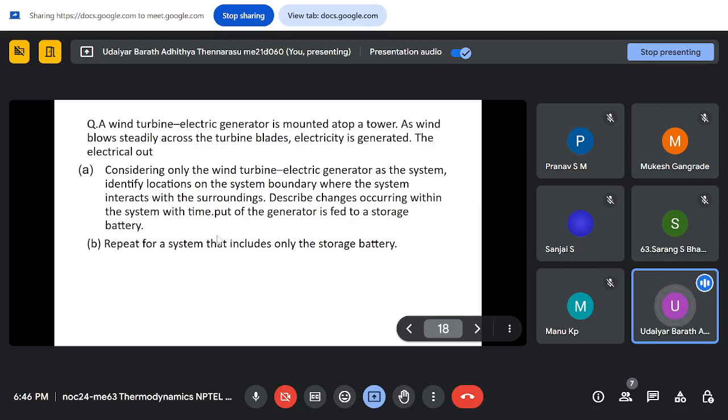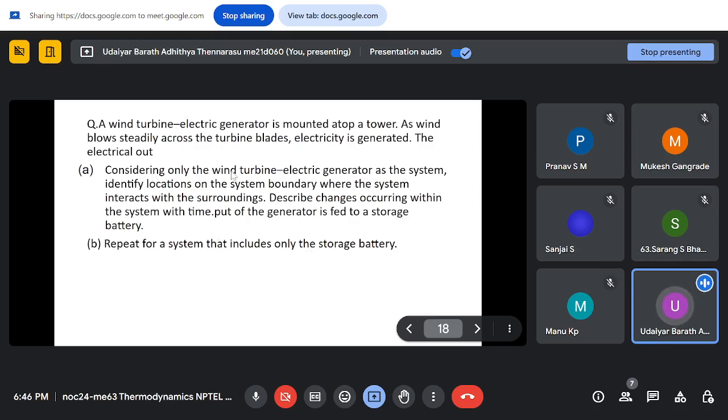So the next question is, you have a wind turbine and an electric generator mounted at the top of a tower. As the wind blows steadily across the turbine blades, electricity is generated, and you have electricity coming out.